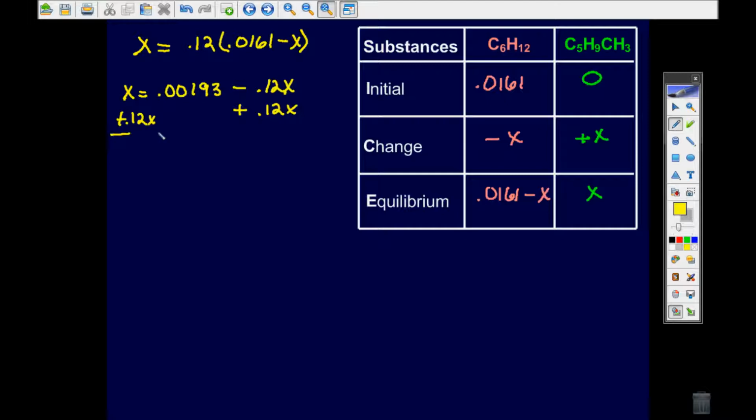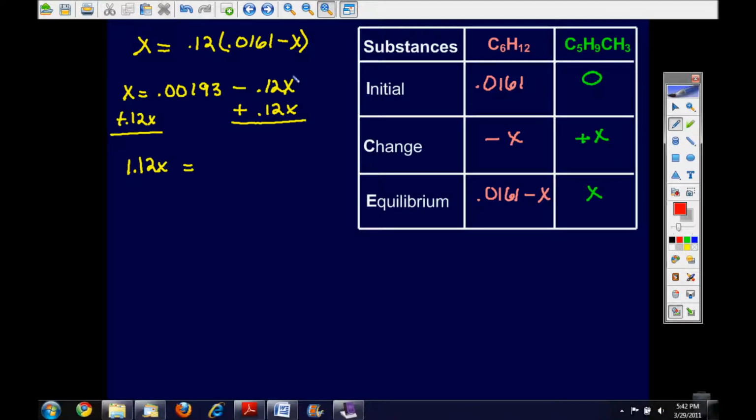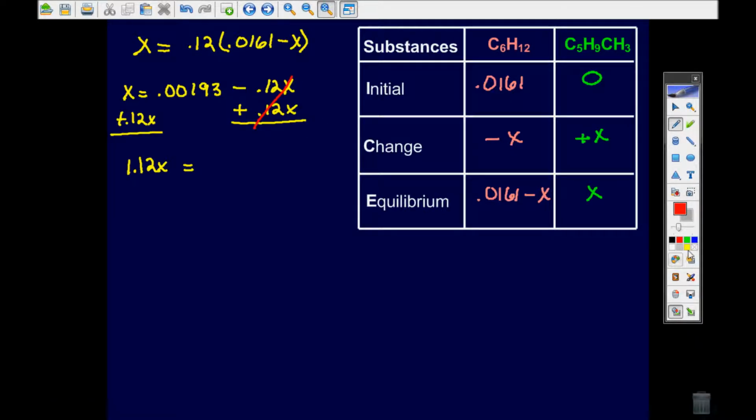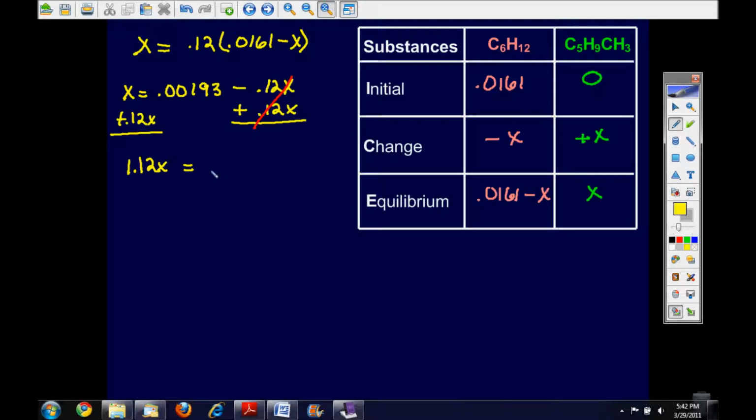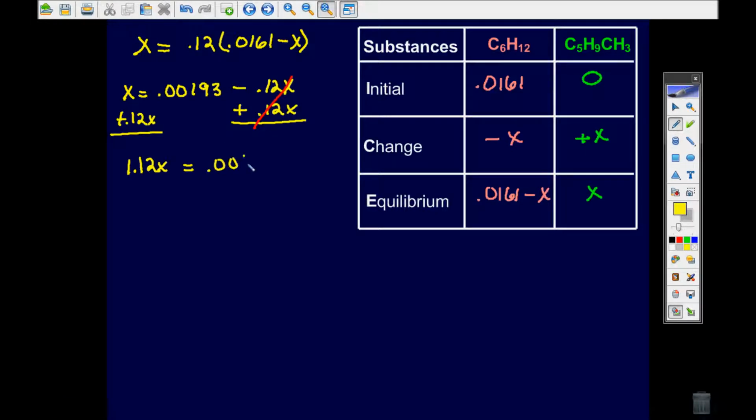And on the left side, that gives me 1.12x is equal to, cancels out over here. So if you want to keep track of that, you can just line through it. 0.00193 on the right.